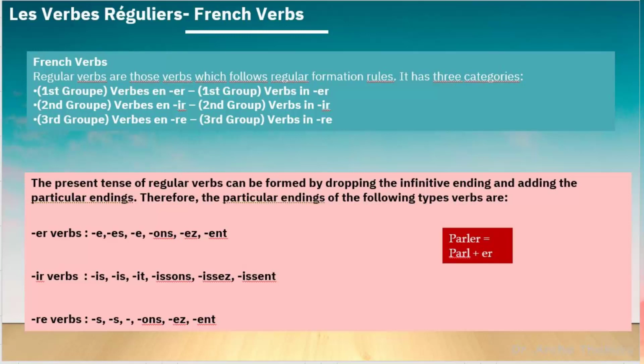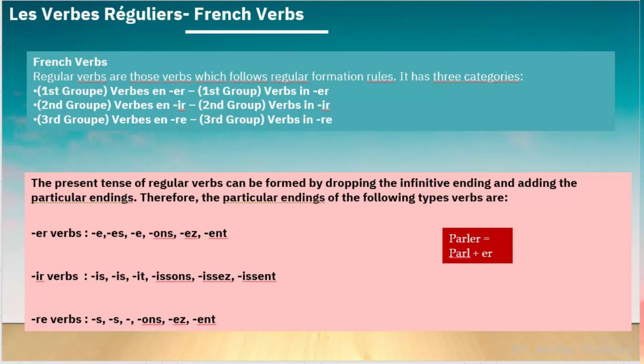Then if you're talking about present tense, there will be different conjugations; past tense will have different conjugations. So there are three groups: er, ir and re. Parler, venir, you may want to take notes. Venir is to come. Prendre, apprendre.